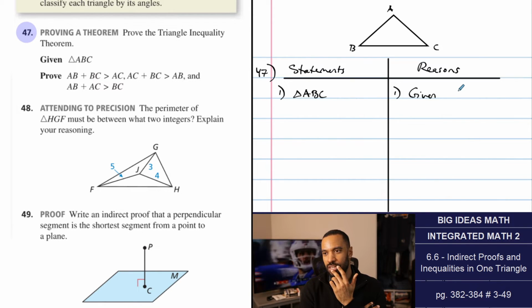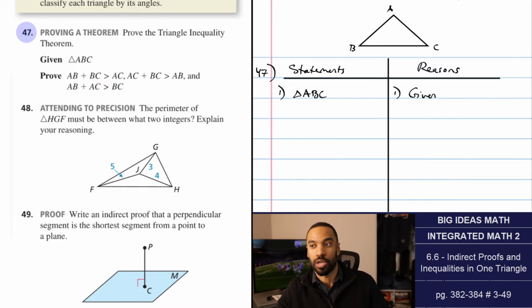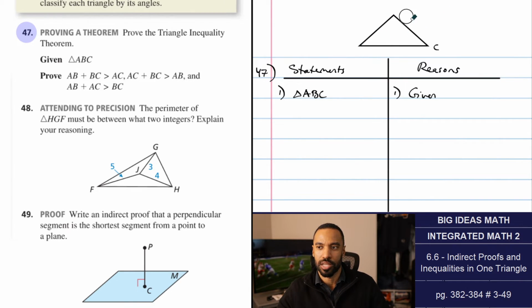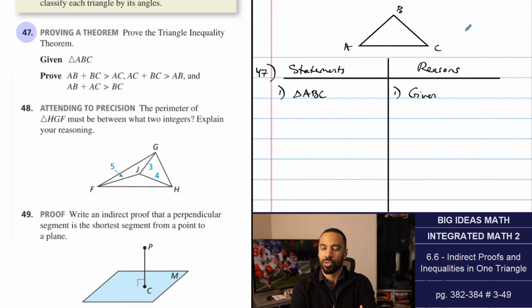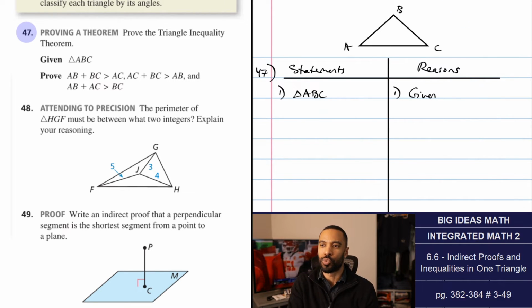AB plus BC has to be greater than AC. Okay, well, based on the way that I drew it, I'm going to change that. So let's do AB plus BC is bigger than AC. Okay, so I think what I'll do, I'm wondering what would happen if I drew an altitude.